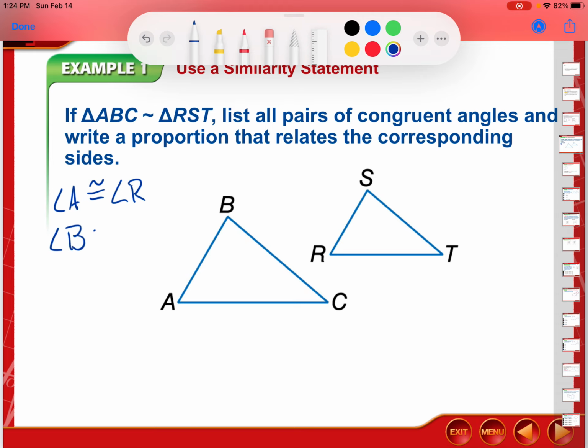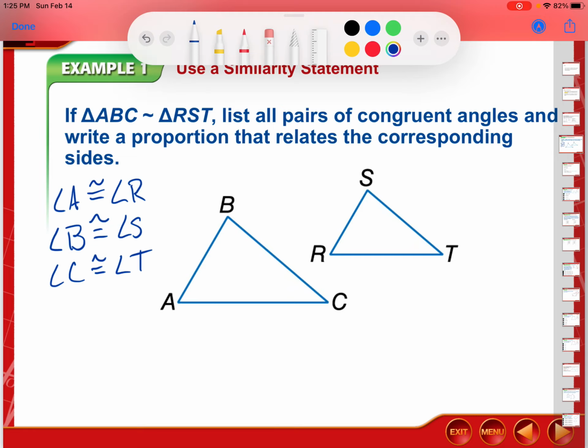I can say angle B is congruent to angle S, and I can say angle C is congruent to angle T, all because of how they wrote that similarity statement. And also we can tell by looking at the picture, but we know that pictures aren't always drawn to scale, whereas the similarity statement is always deliberately made so that we can show which angles are congruent and which sides are similar.